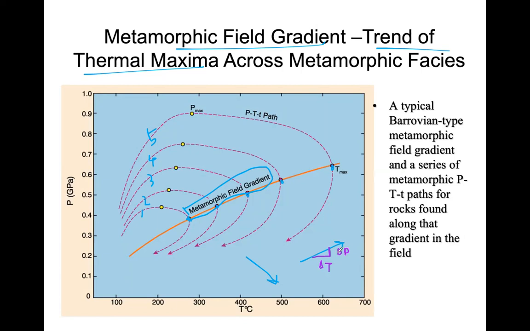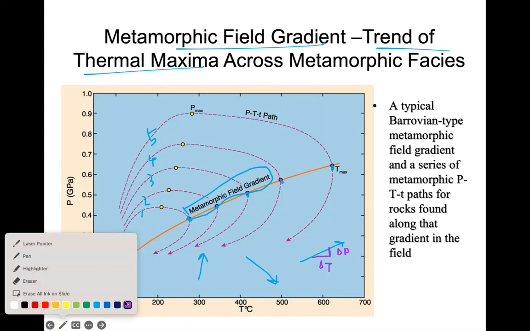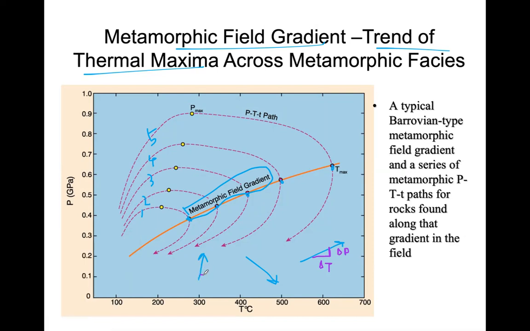But if it's the other way around, like if you see something like this, then what happens? The delta T is very small, but delta P is much higher.